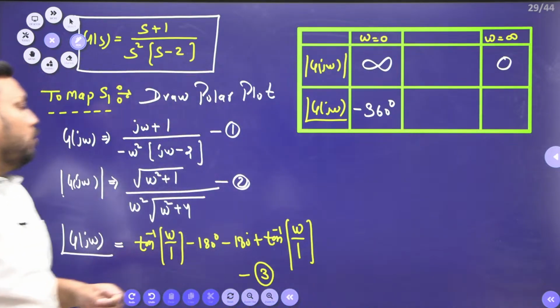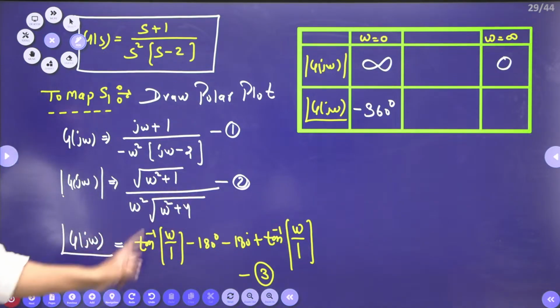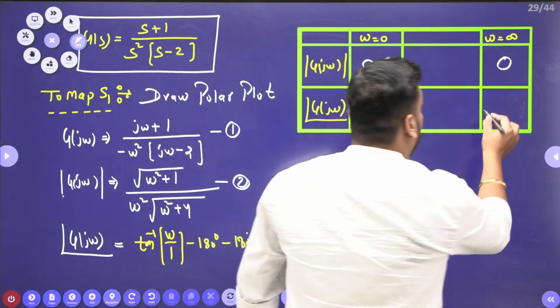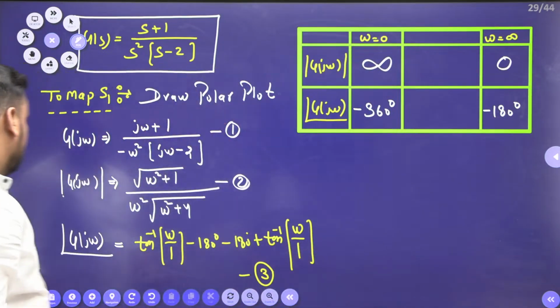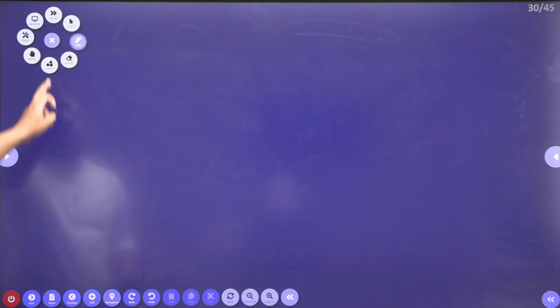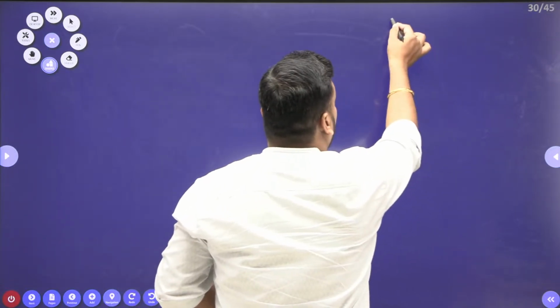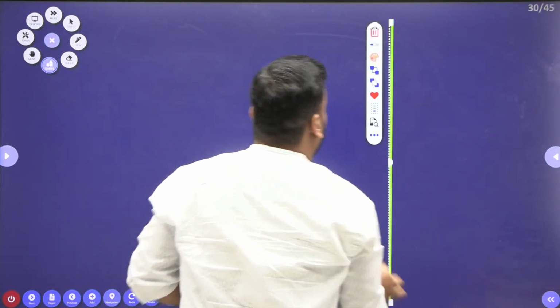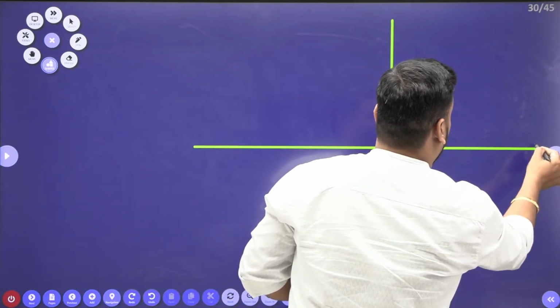And if I talk about omega tends to infinity, here infinity, 90, 90, 180, 180, 180 cancel out, so you will approach minus 180 degree. It means, guys, if you wish to make a polar plot, you will get the shape of the polar plot like this.